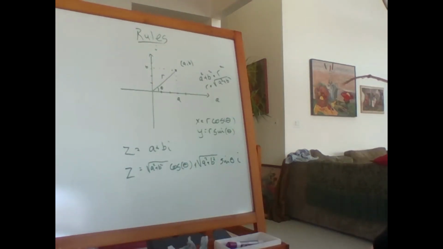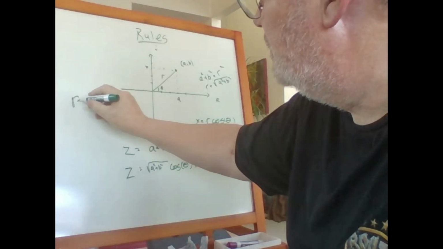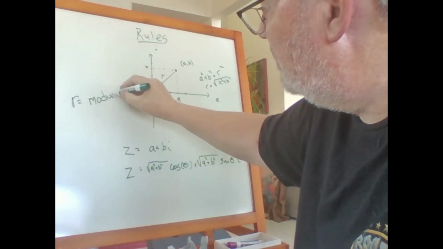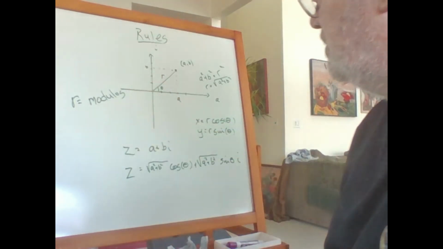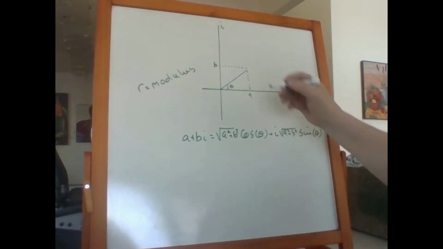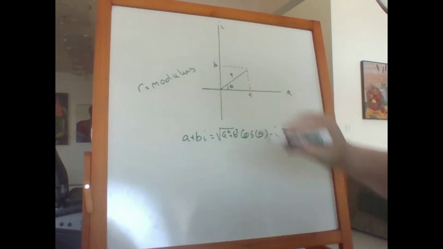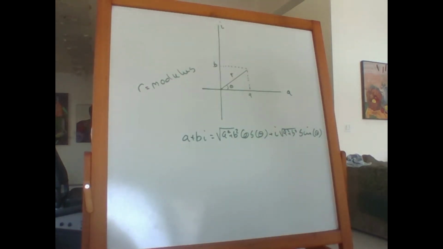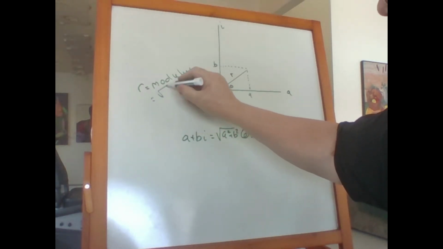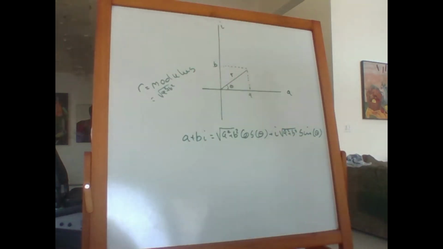And R is called the modulus. Okay, so we had said that R is the modulus, and that R is equal to the square root of a squared plus b squared.